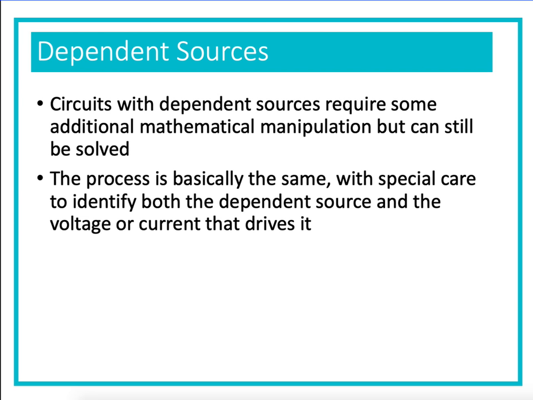The first thing we do when we have a circuit with a dependent source is we find the relationship between the dependent source and the voltage or the current in the circuit that's driving it. So we actually have to have a mathematical equation that relates that to what we're looking for.